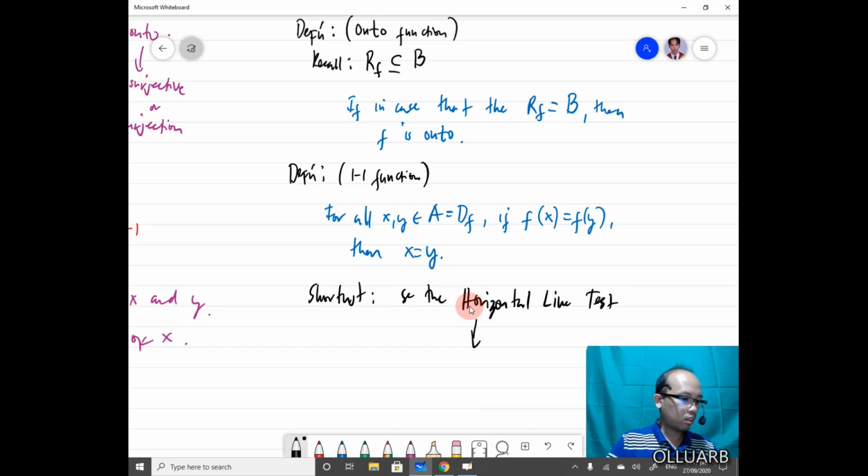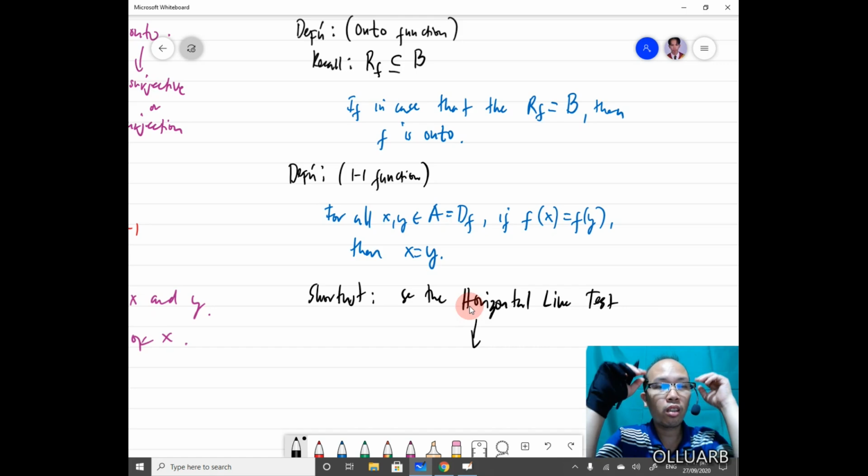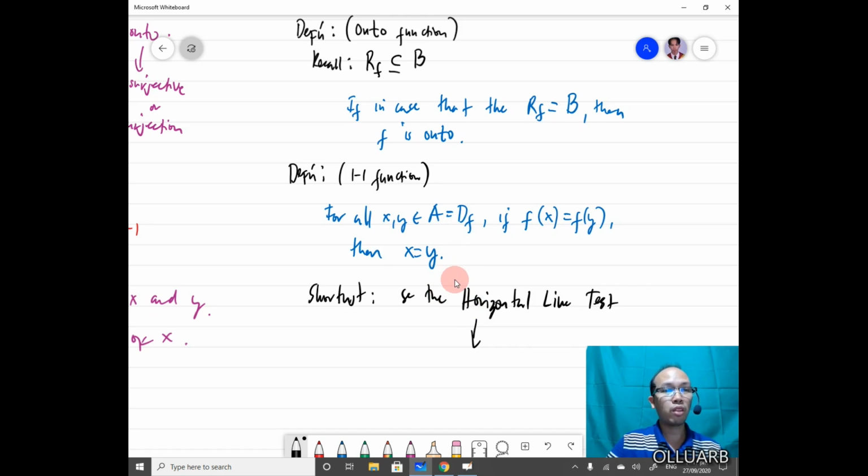This is very useful, but it is not accepted as a formal solution or proof. If you are going to show that the function is one-to-one, you cannot use this as a formal solution or proof. All you have to do is to use this definition.